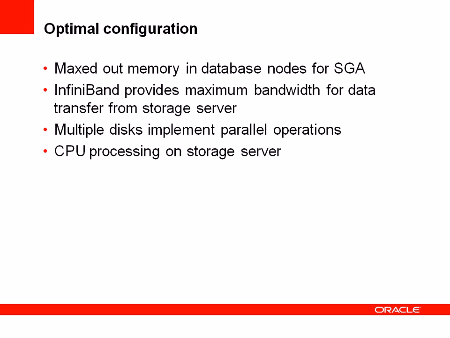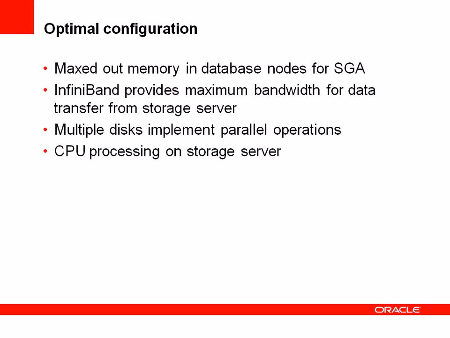The InfiniBand provides maximum bandwidth for data transfer, so this will not be a bottleneck. We really haven't seen this at all, that we get throttled by the transmission from the storage server to the CPU. Each storage cell has 12 disks, so it implements parallelism across those disks, and that's done through Exadata software and through automatic storage management, ASM, which is what we use to handle volume management on the Exadata database machine.